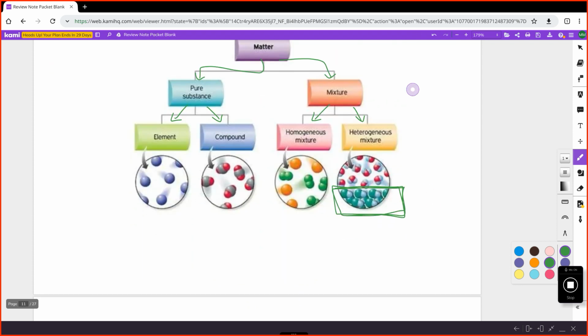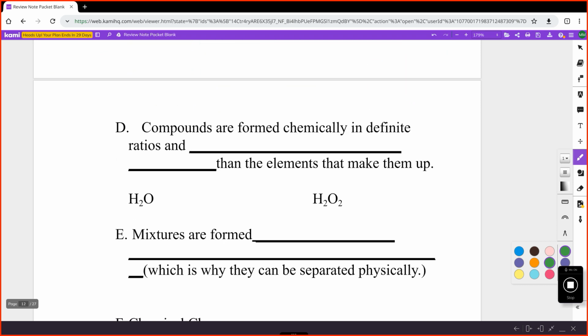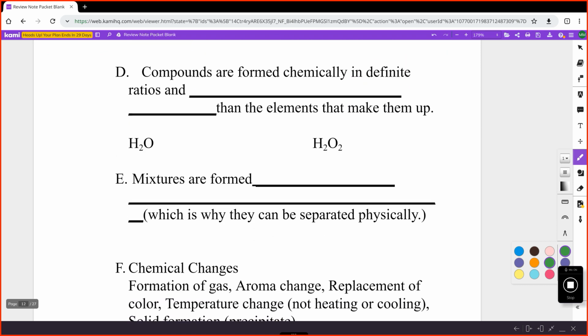We can move on a little bit further, talk a little bit more specifically about some of these things. We were talking about compounds before, and I was explaining how they are chemically combined. They're going to have definite ratios.